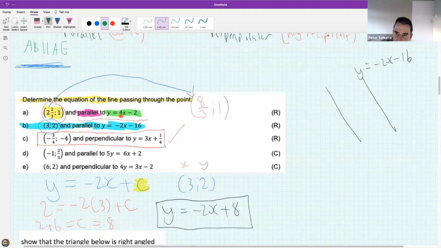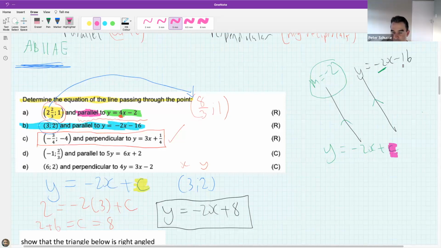All I do is borrow the fact that they're parallel, therefore their gradient has to be the same. I just use it now in my equation, but I still have to find what that c is. So what I really do is ignore the -16 because it's not helpful to me.